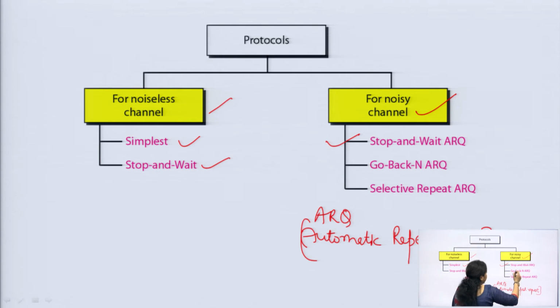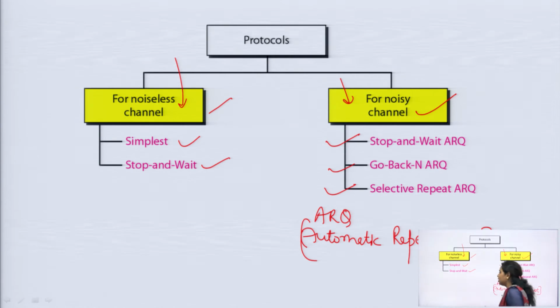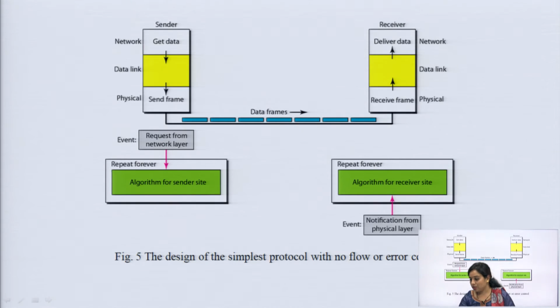So, I will take stop and wait ARQ, go back N ARQ, and selective repeat ARQ for the noisy channel, and the simplest and stop and wait protocols for the noiseless channel. So, these are the different types of protocols I am considering. We will see each one by one in detail.